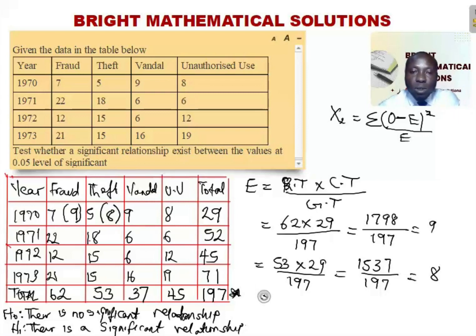So let us go for the third one, which is 37 multiplied by 29 divided by 197. So that gives me 1073 divided by 197, and that gives me 7. So here Vandal 1970, the expected is 7. Let me rub this off.